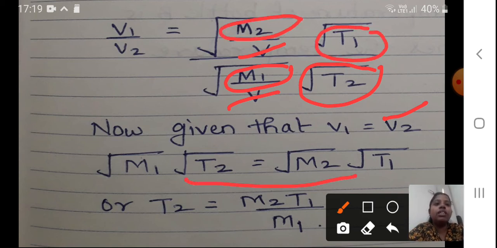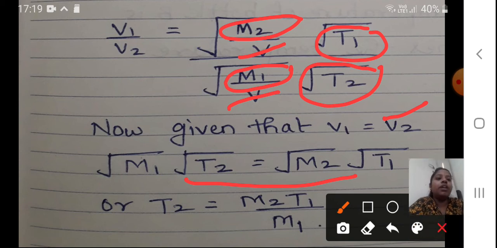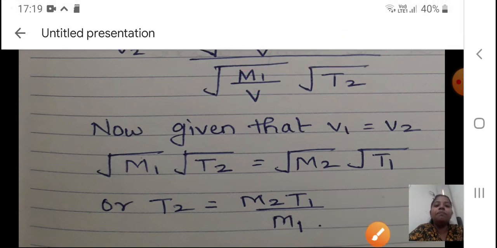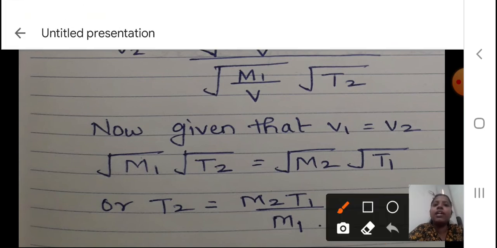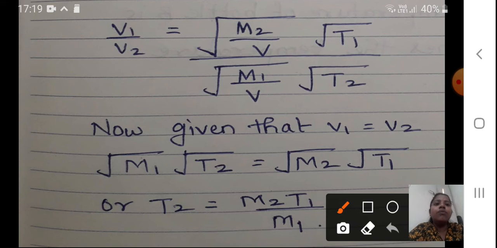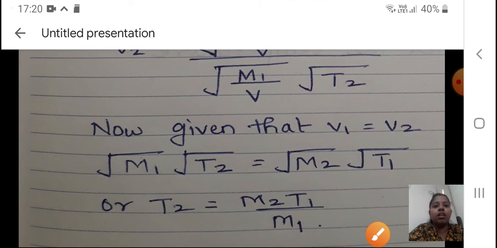That only I have written, they are going to be equal. Now or what you can write, students? Now all are roots, so I can remove the root sign, right? Both the side root signs can get cancelled. So if I want this T2, it will become M2 multiplied by T1 upon M1. Is it written here? Yes. I hope till here it is clear to you.